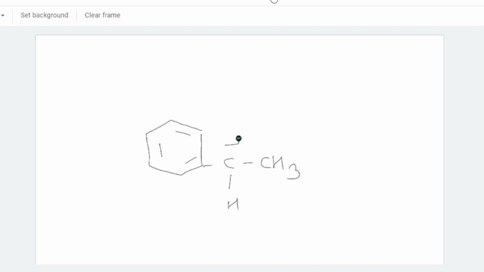This carbocation. This carbocation is planar. Why? Because this is a phenyl ring and it is planar, and this carbon of the carbocation is also planar. So the nucleophile can attack from the upward side or from the downside also.